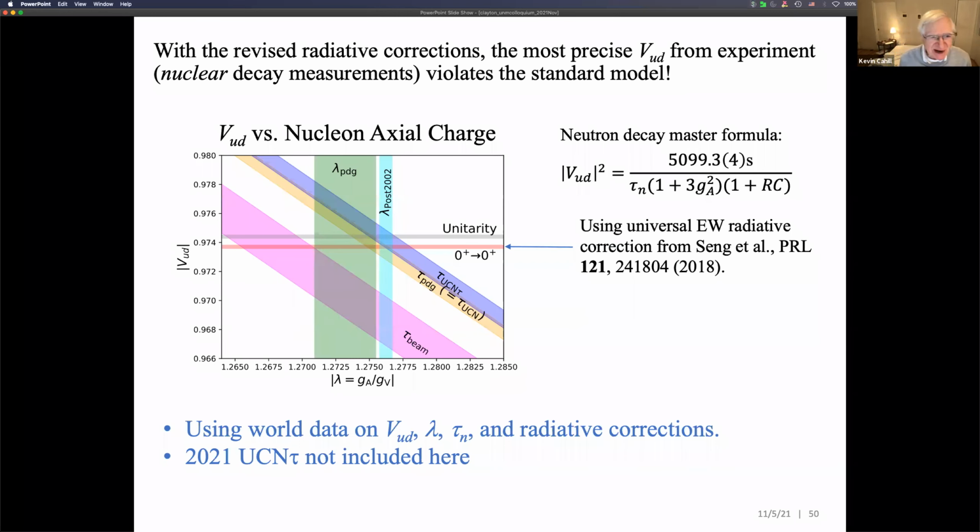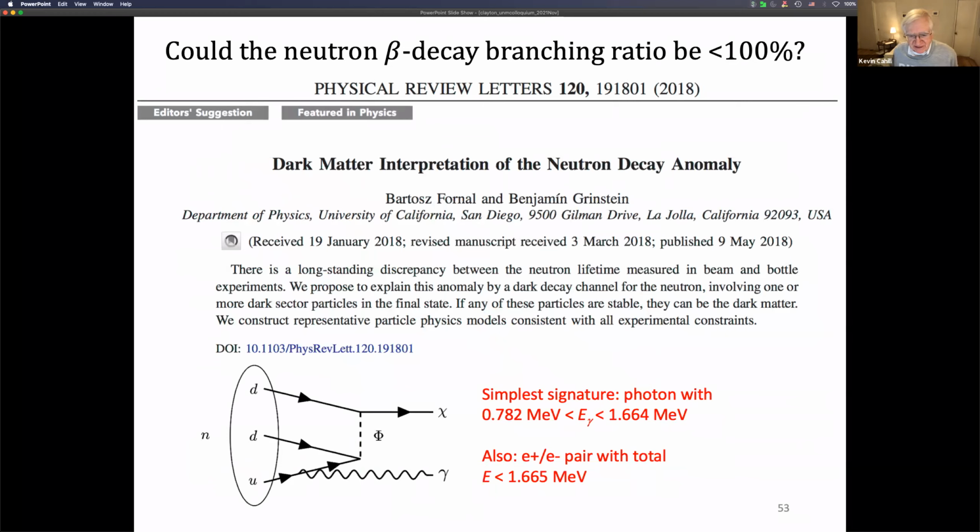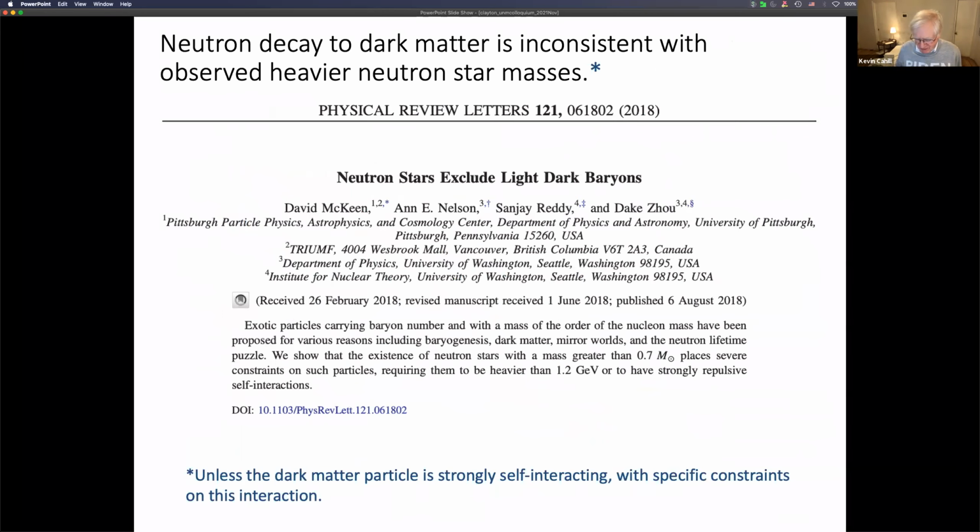Well, I must say I'm a little disappointed that you've quoted a bunch of theory papers that do seem to strongly favor the bottle experiments and therefore seem to rule out the possibility of decay into dark matter. Well, yeah, maybe. I mean, it could be something completely different too.